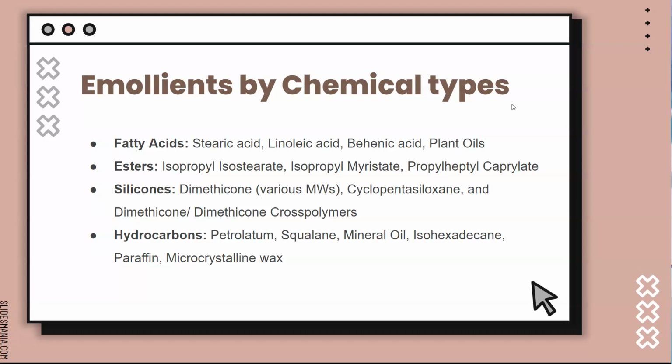And then you have your hydrocarbons. Hydrocarbons are composed of mainly hydrogen and carbon. And examples of these are your petrolatum, squalane, mineral oil, isohexadecane, paraffin, and microcrystalline wax. Most of these are emollients that are targeted towards hydrating your skin and preventing moisture loss.